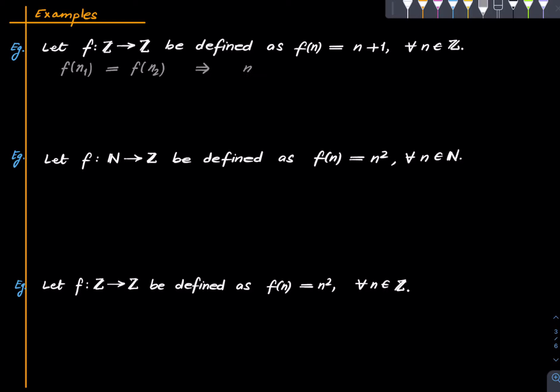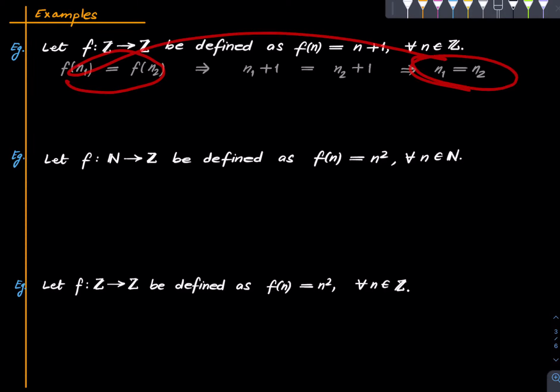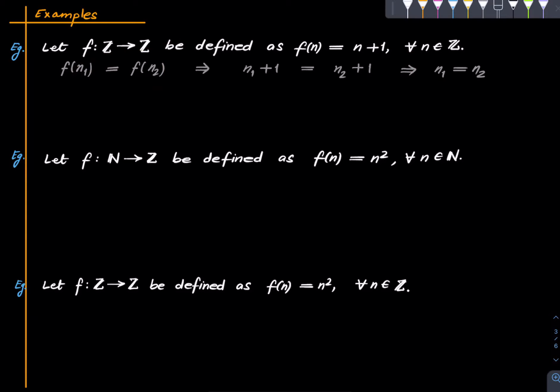Then n1 plus 1 equals n2 plus 1, which implies n1 equals n2, and hence indeed f is injective, because that's what injectivity means. And it was anyway clear. You cannot get two different n's to give the same output if you're just adding one to your input. So that's a simple example.